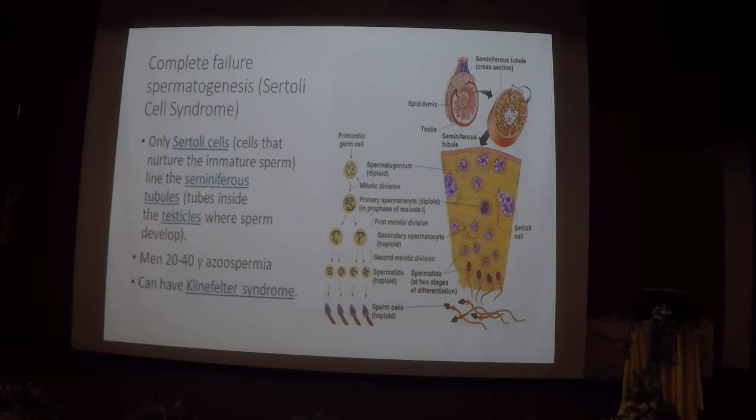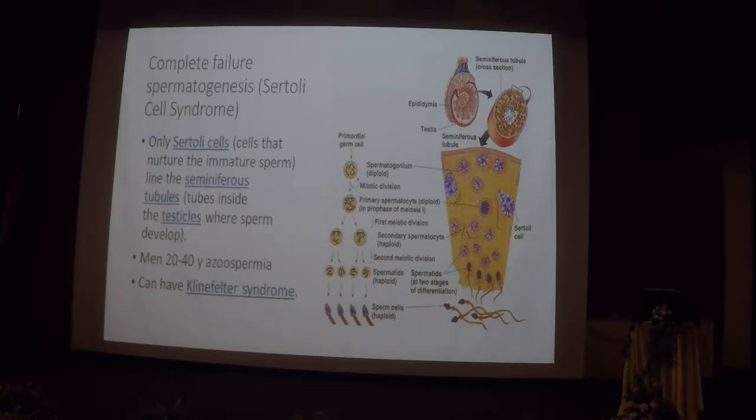There's a condition called Sertoli cell syndrome, where only Sertoli cells, which are the cells that nurture the immature sperm, line the seminiferous tubules. Okay? So they don't form or mature spermatozoa.